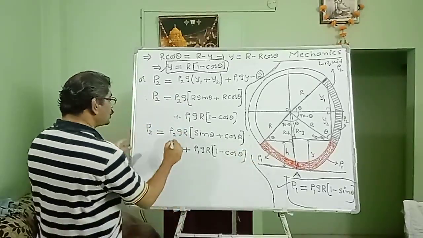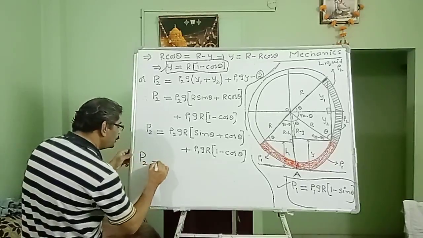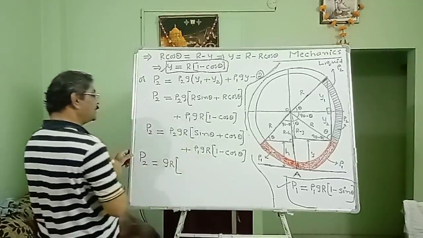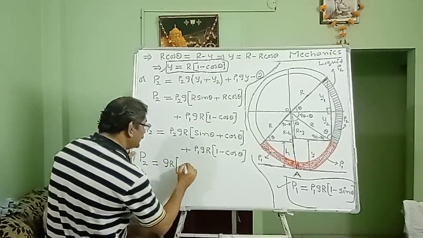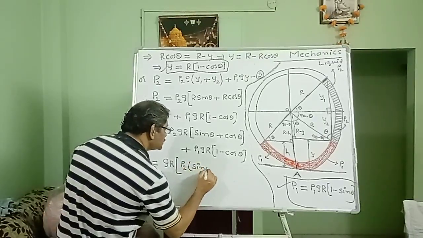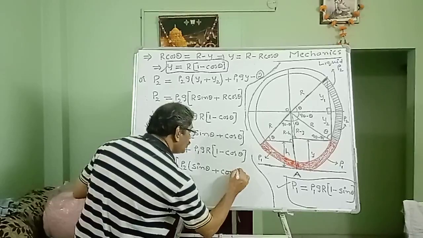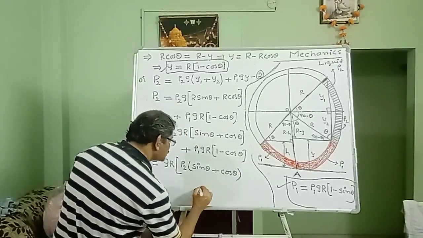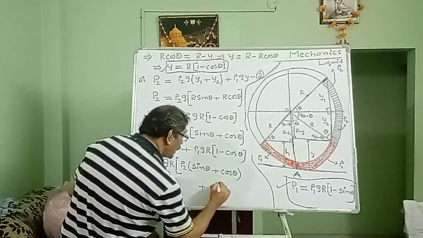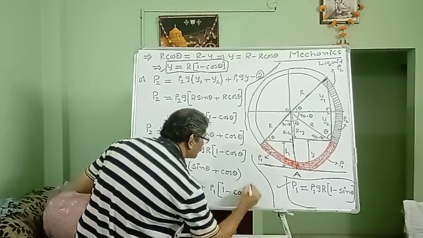So on the whole, GR can be taken common, so I can write P2 will be numerically equal to GR can be taken common, so I get rho 2 multiplied by sin theta plus cos theta, plus GR is already common, so we get rho 1 multiplied by 1 minus cos theta.